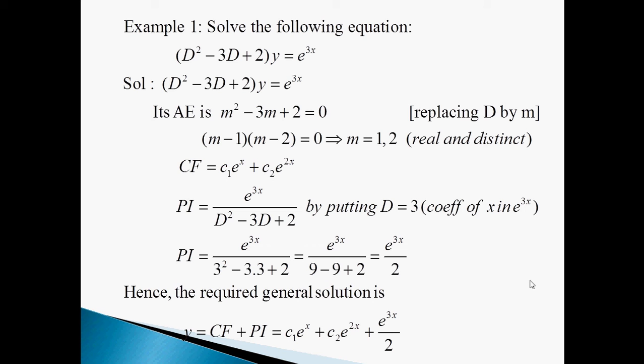Now we find the particular integral, which is equal to e to the power 3x upon D square minus 3D plus 2. We put D equal to 3, the coefficient of x in e to the power 3x.